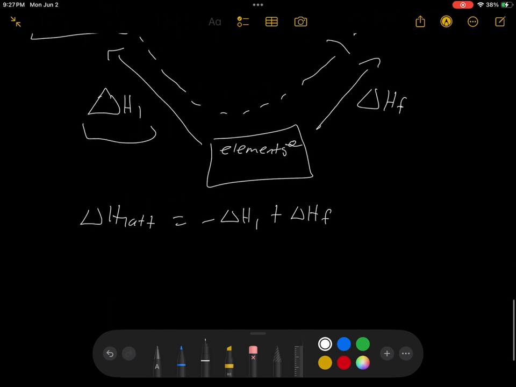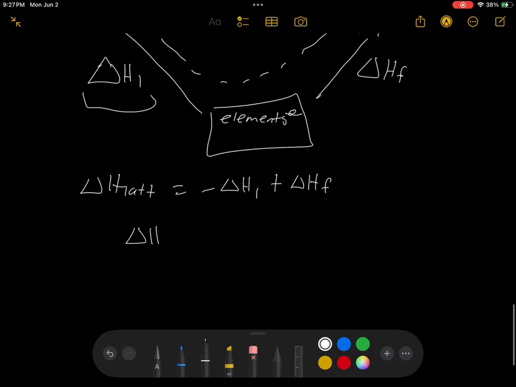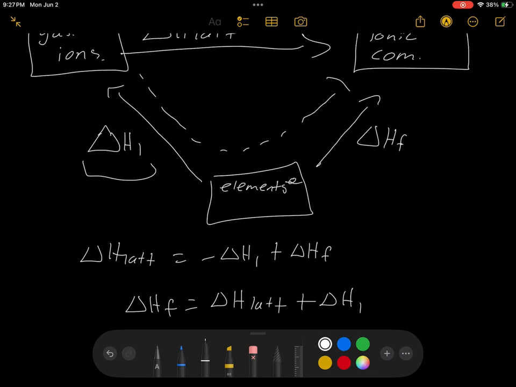So, as you can tell, delta H formation is equal to delta H lat plus this collection of steps from delta H1, right? Okay. So that's how these three things relate.